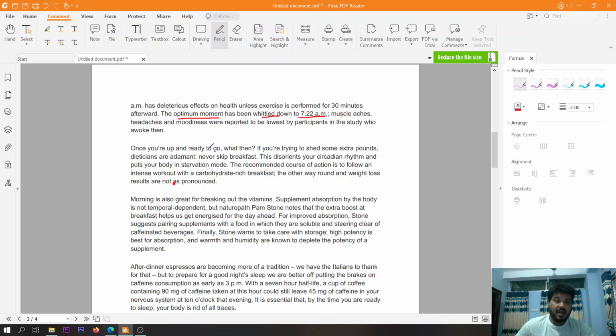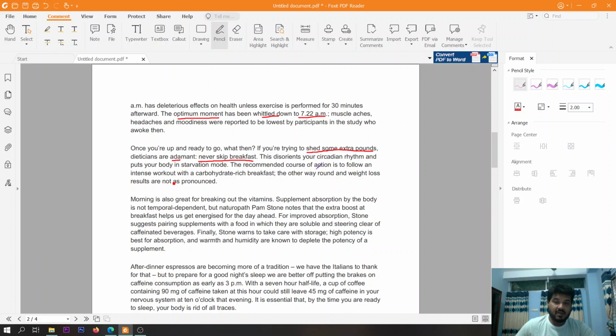So once you're up and ready to go, what then? If you're trying to shed some, there you go, if you want to shed some extra weight, what do you do? Dietitians are adamant. What are they adamant on? Never skip breakfast. But we didn't really have an option about just having breakfast, so let's read on. This disorients our circadian rhythm and puts our body in starvation mode.